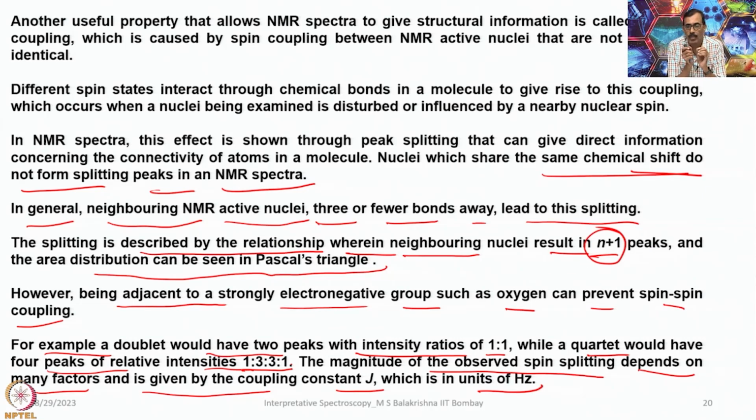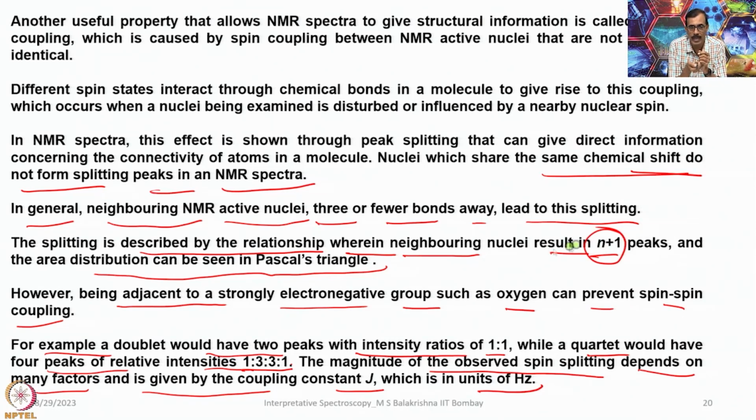That means if we have n protons on the adjacent carbon atom, that leads to splitting of the adjacent one into n+1 peaks. For example, if 2 protons are there in a CH2, then it will make the neighboring one into 3. If 3 are there, then it appears as 4.